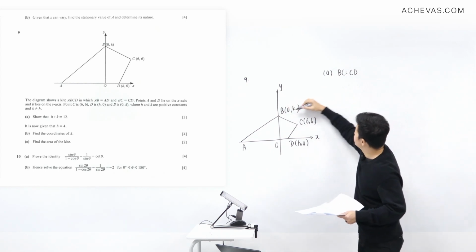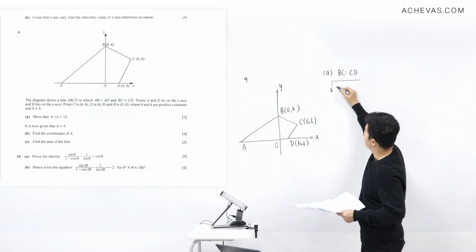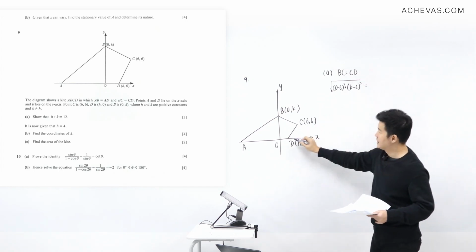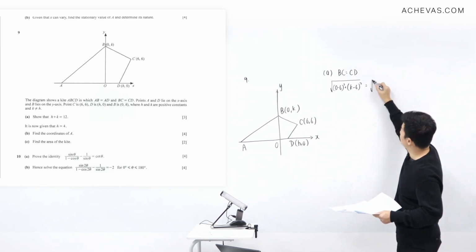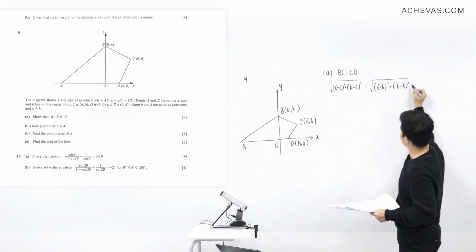This length BC is the square root of (x1 minus x2) squared, so (0 minus 6) squared, plus (y1 minus y2) squared, (k minus 6) squared. CD, again, I'm going to use the same formula to find the length of CD, which is going to be (x1 minus x2) squared, so (6 minus h) squared, plus (y1 minus y2) squared, which is going to be (6 minus 0) squared.